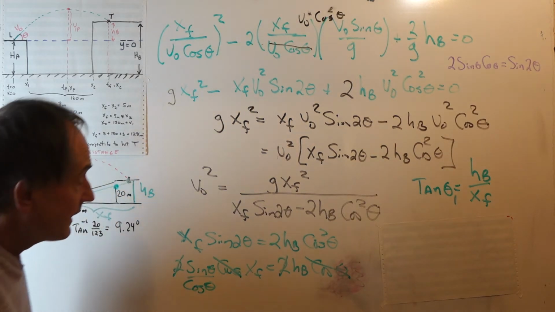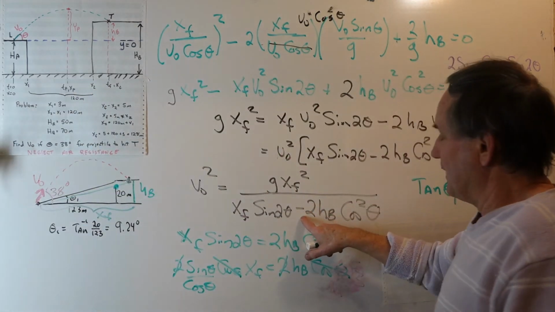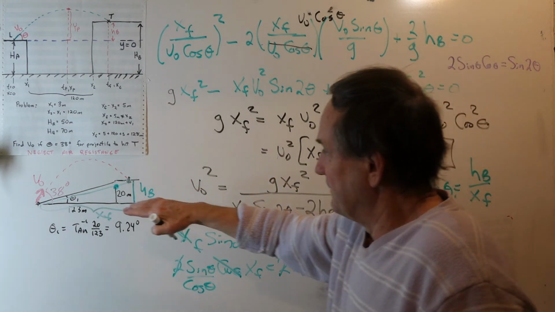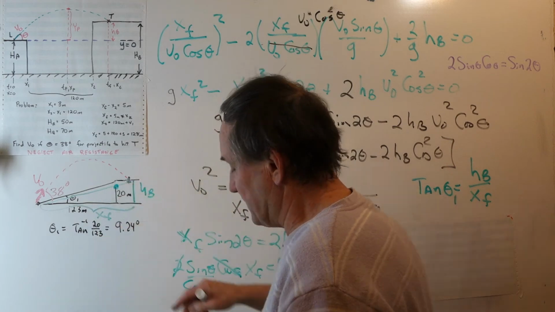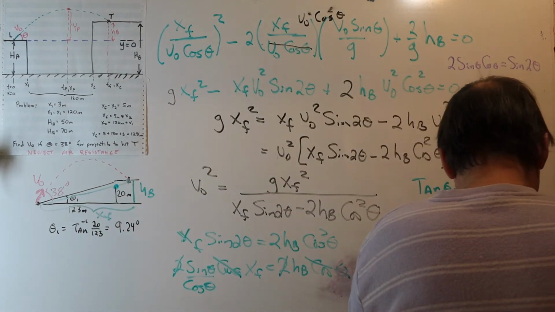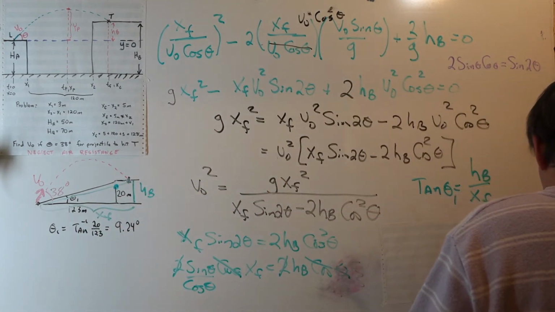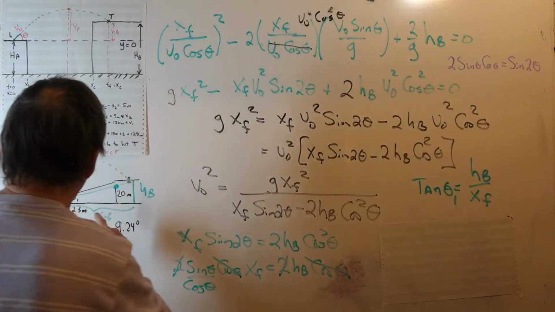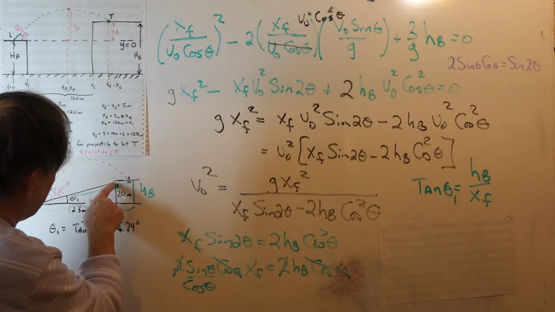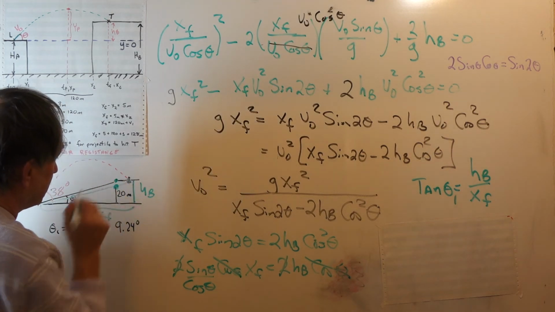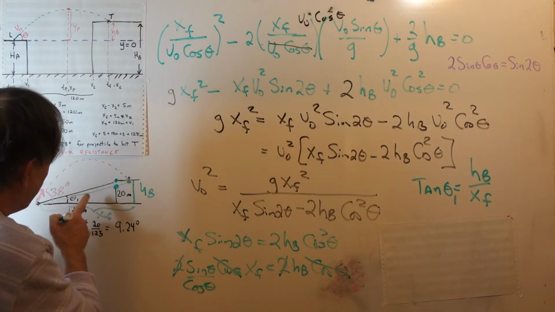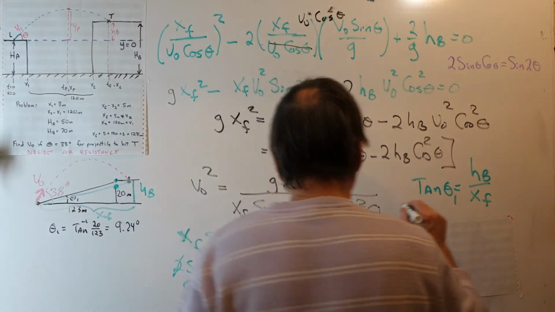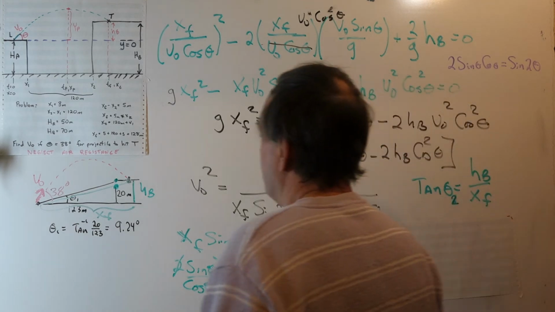So the denominator will go to 0 and the velocity blows up in an impossible situation. We're not going to be shooting through the building. So that's one of the restrictions that we're going to have. The minimum allowable angle that we already determined was when we were going to hit the edge of the building. So this theta, let's call it theta 2, because we already solved for theta 1.